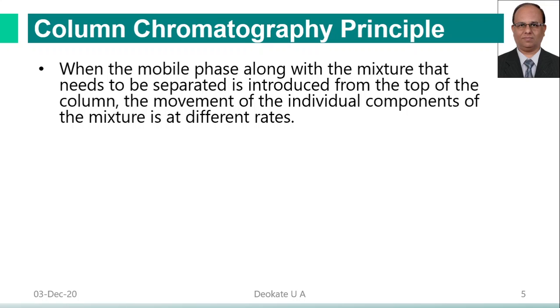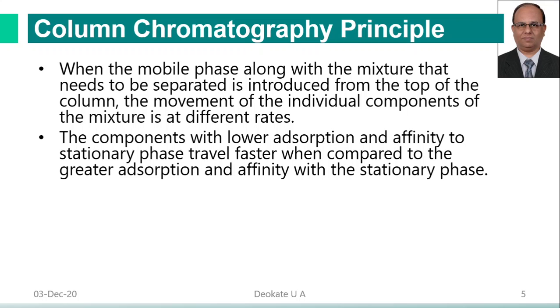When the mobile phase, along with the mixture that needs to be separated, is introduced from the top of the column, the individual components of the mixture move at different rates. That is like a differential distribution between the mobile phase and the stationary phase.